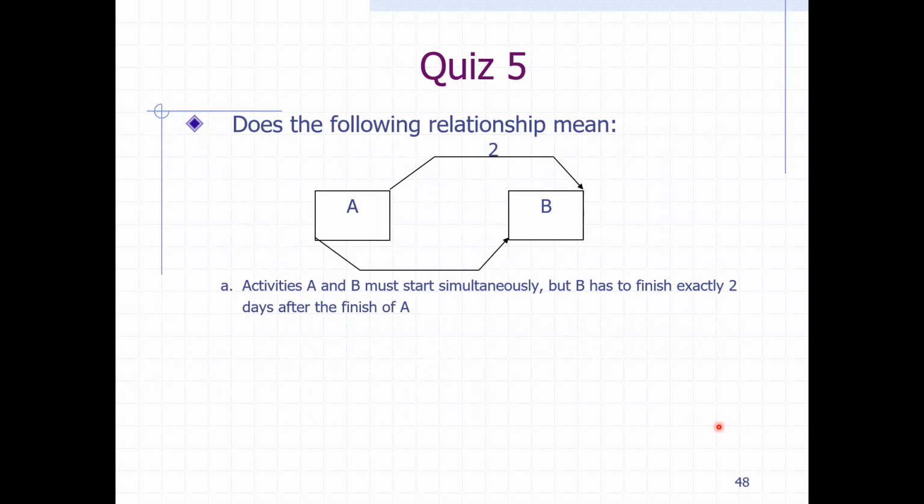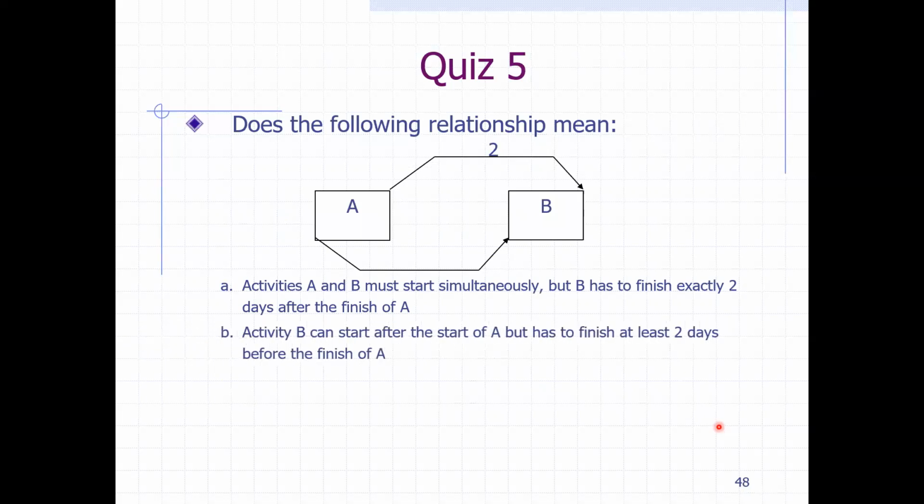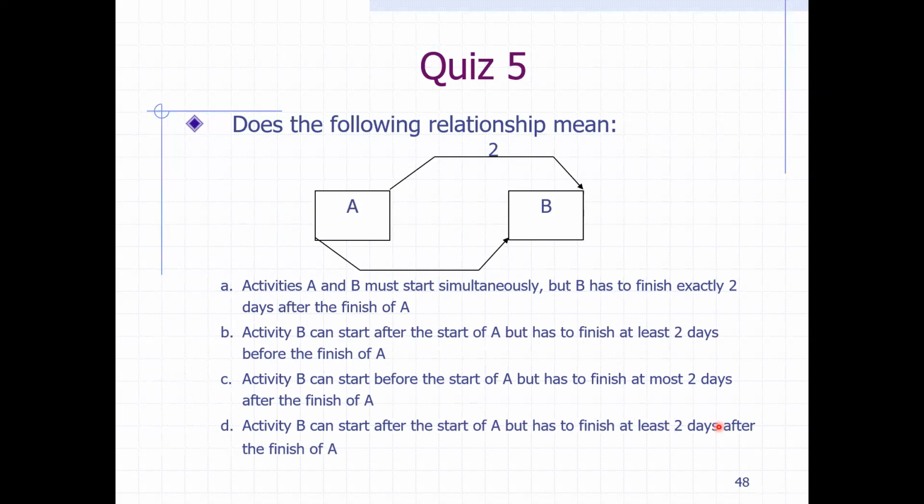Activities A and B must start simultaneously, but B has to finish exactly 2 days after the finish of A. Activity B can start after the start of A, but has to finish at least 2 days before the finish of A. Activity B can start before the start of A, but has to finish at most 2 days after the finish of A. And lastly, activity B can start after the start of A, but has to finish at least 2 days after the finish of A. And the solution is A. Activities A and B must start simultaneously because we have the start-to-start relationship, but B has to finish exactly 2 days after A because of the lag.